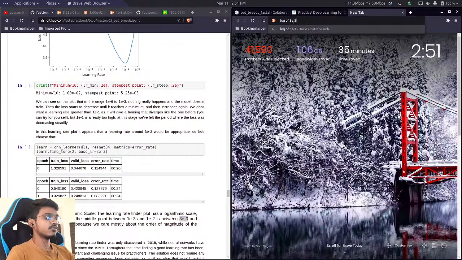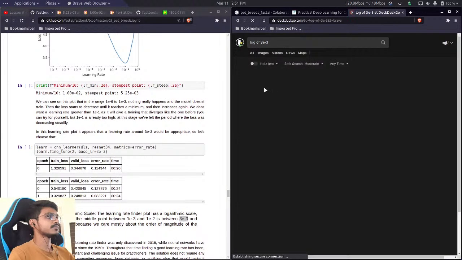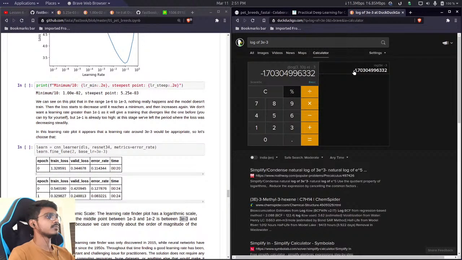Log of minus 1.70. This is not a log. What if it is a natural log or something? Is this a natural log?